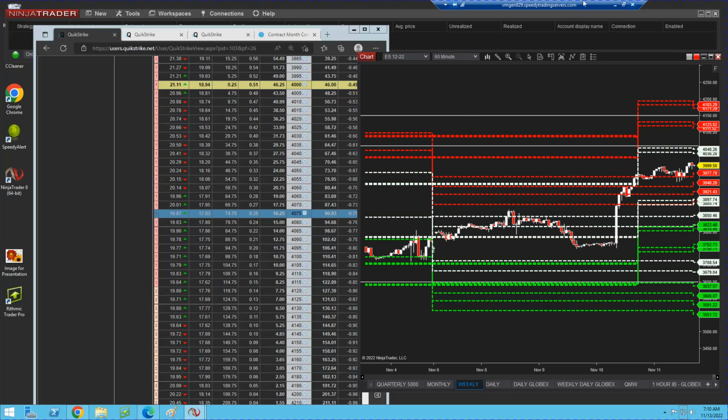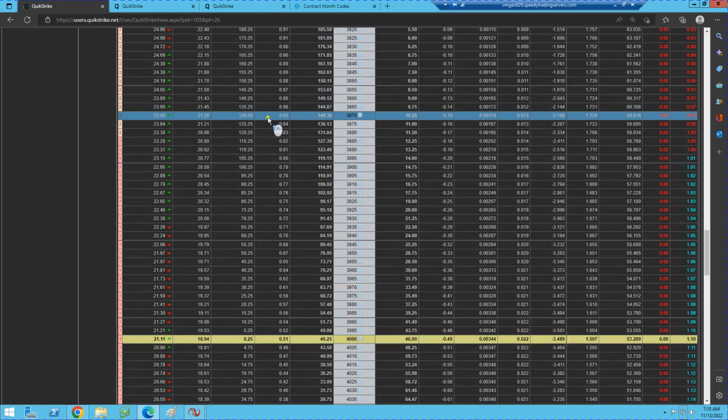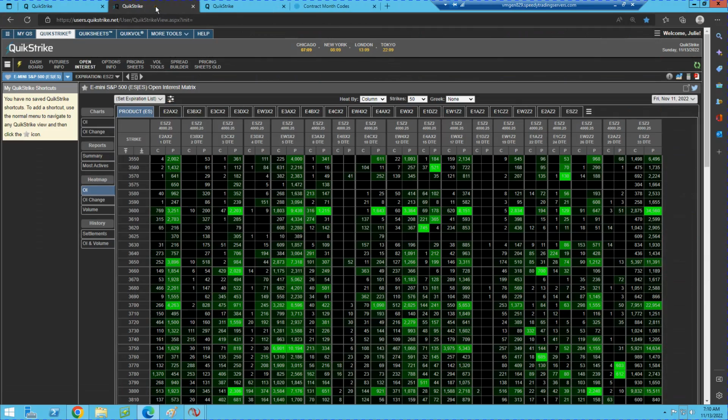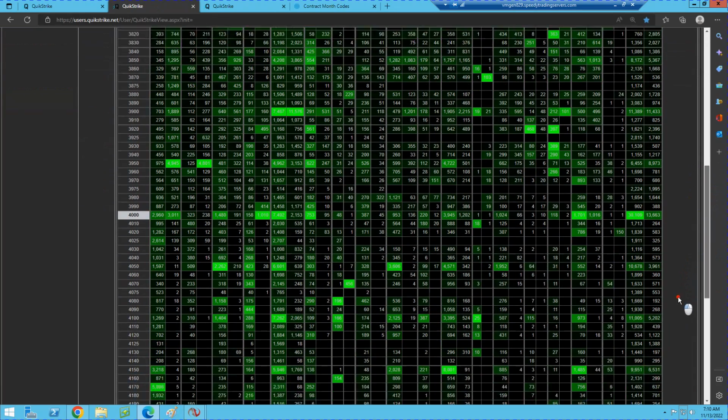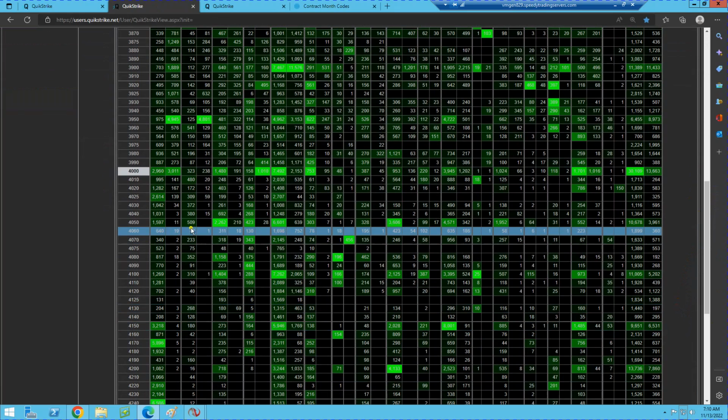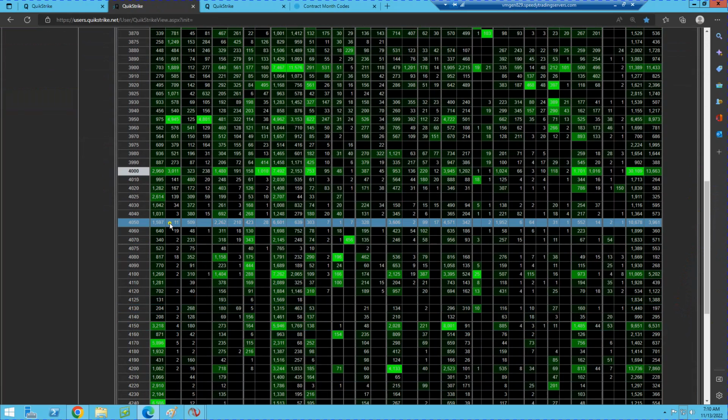So I would go back to Quickstrike. 40.50's got the 22.62. Yeah, some 6,601. So that looks like a good level. I like that level.